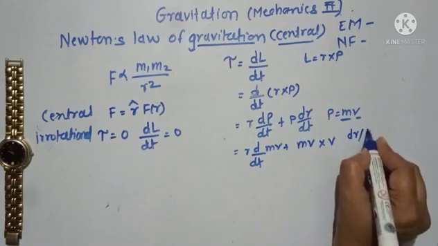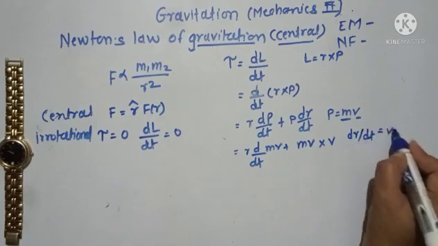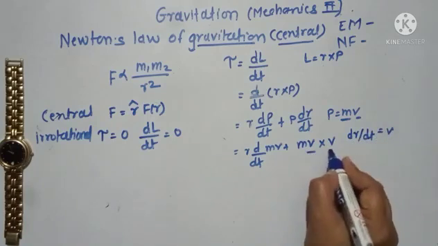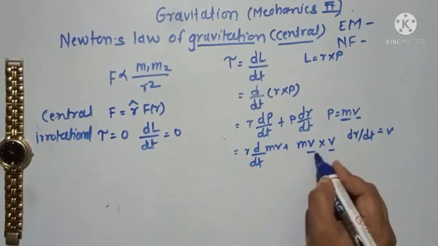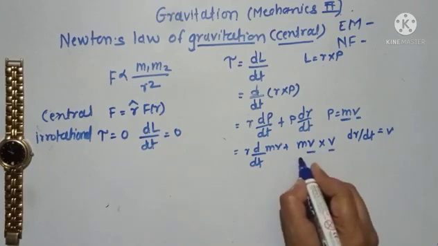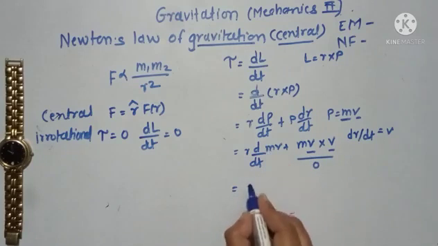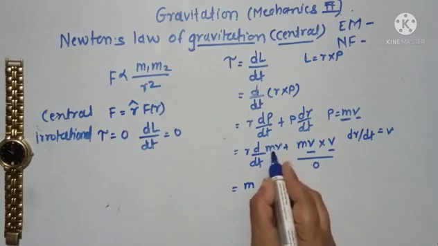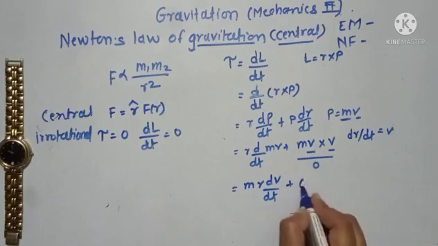So dr/dt is nothing but the rate of change of displacement with respect to time, which is v, and we know that the cross product of any vector with itself is equal to 0. Therefore this term will become 0. As m is constant, I take it out: m into r cross dv/dt, plus this term which is 0.